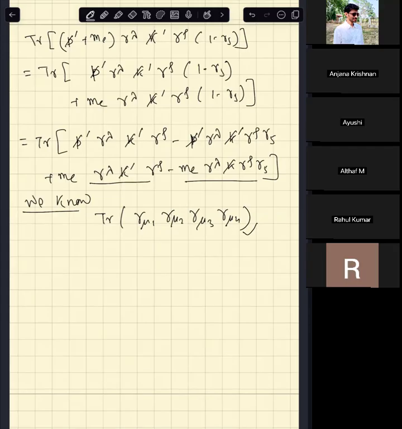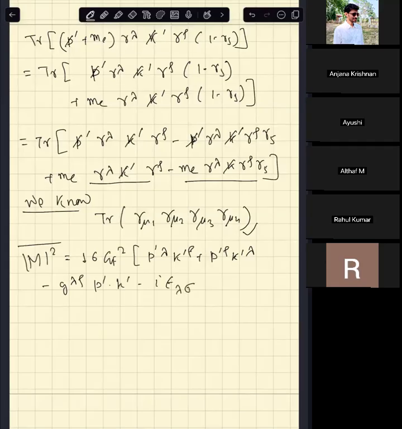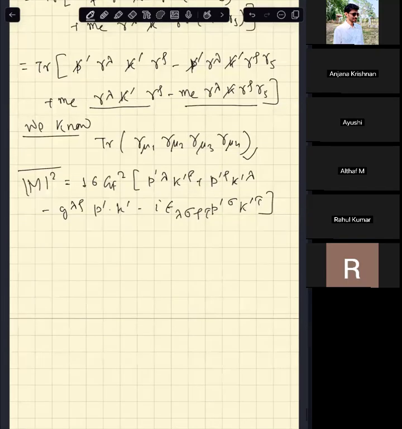And that's why what we'll find out using this prescription, the mod m square average, is basically now 16 gf square into p prime lambda k prime rho plus p prime rho k prime lambda minus g lambda rho p prime dot k prime minus I epsilon lambda sigma rho tau p prime sigma k prime tau, and the second term will be similar to this.